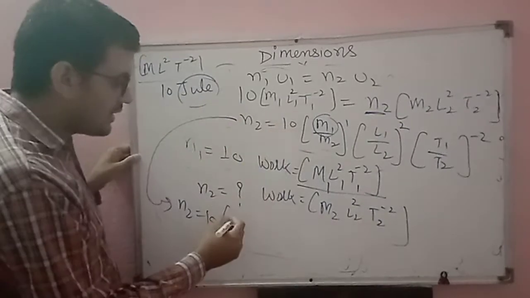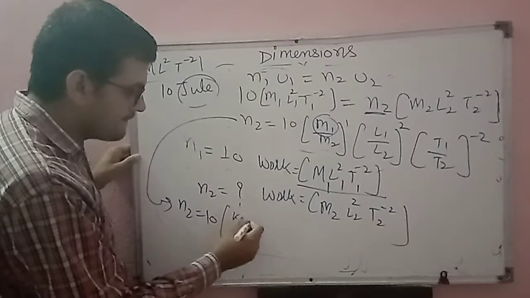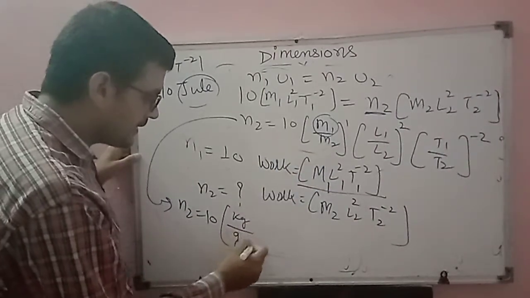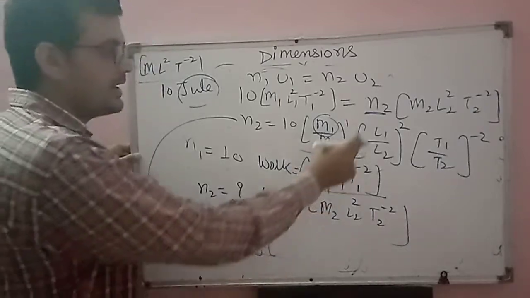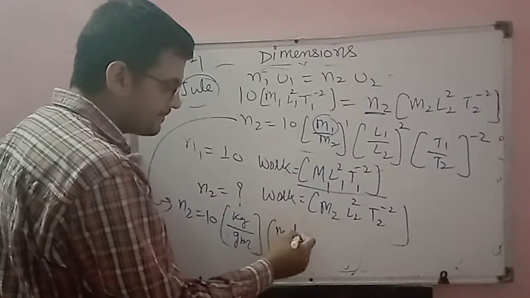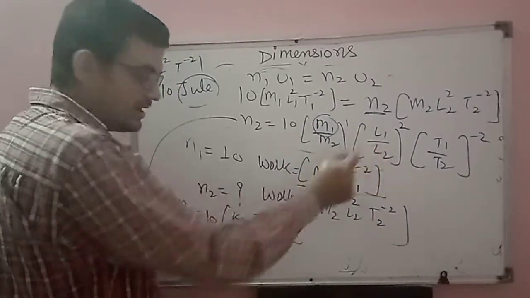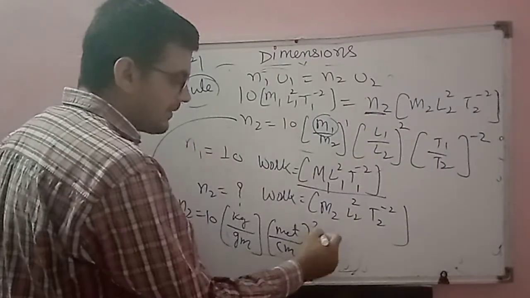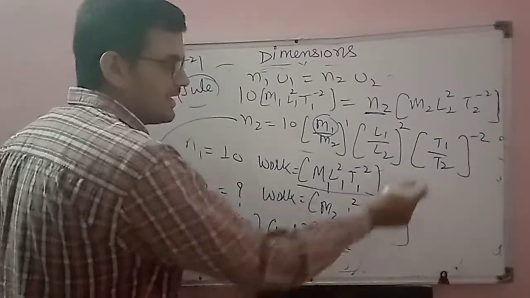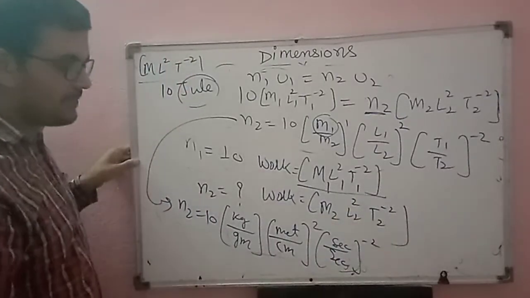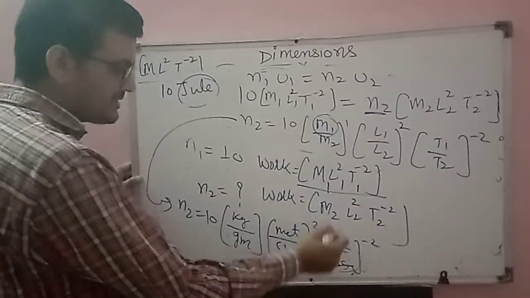So this one is the kilogram. And in which unit system is M2? This one is in gram. Again, in which unit system is L1? Meter. In which unit system is L2? Centimeter. In which unit system is time? Second. Time is always in second, no problem. So you can cut this second by second.